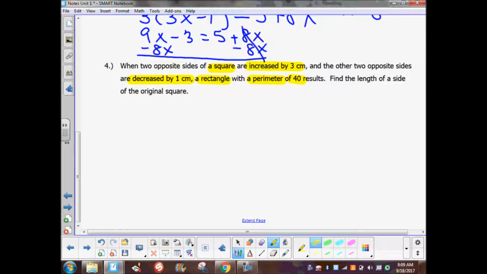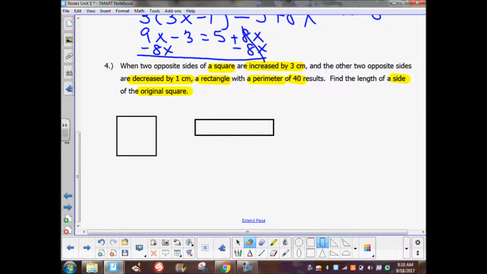Find the length of a side of the original square. So how many shapes were mentioned there? 2. We mentioned a square and a rectangle. So you're going to want to draw a square and a rectangle.